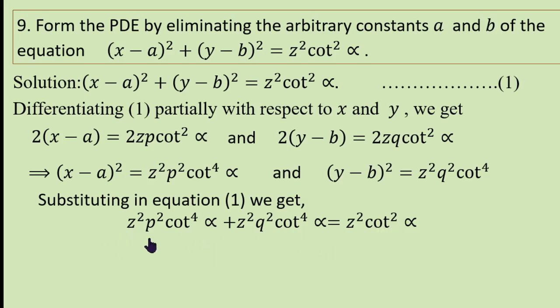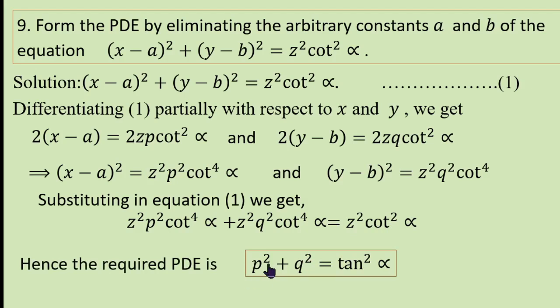Now throughout dividing by z square cot power 4 alpha, we get p square plus q square equal to, z square cancels, cot square cancels, 1 by cot square remains, that is tan square alpha. Therefore, the required PDE is p square plus q square equal to tan square alpha.